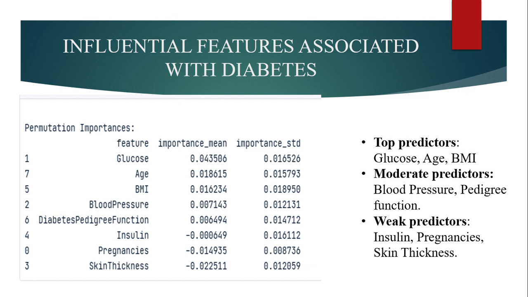Other factors such as insulin, pregnancies, and skin thickness had little to no predictive power in this dataset. These findings align with medical knowledge since high glucose, older age, and higher BMI are already recognized as major risk factors for diabetes.